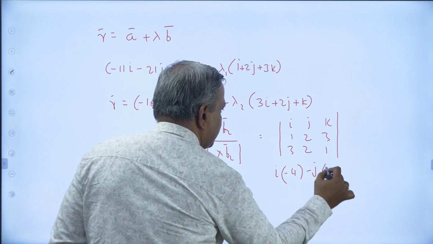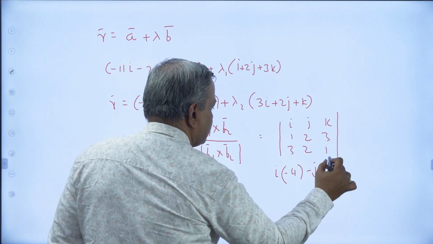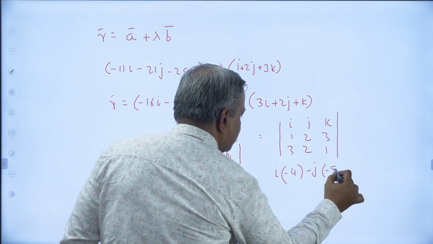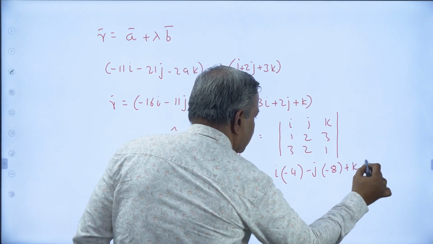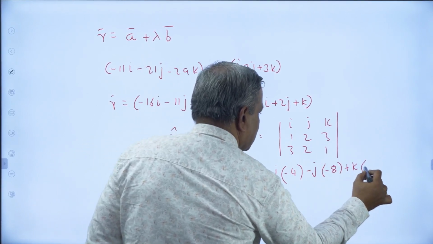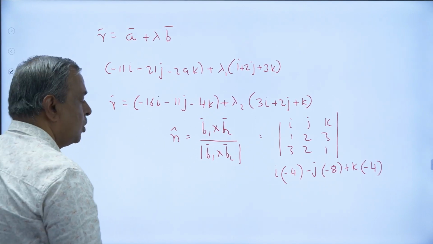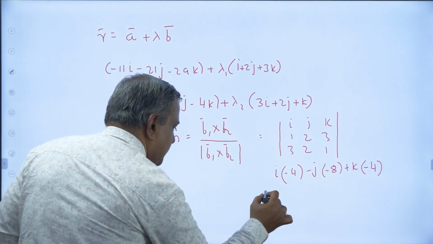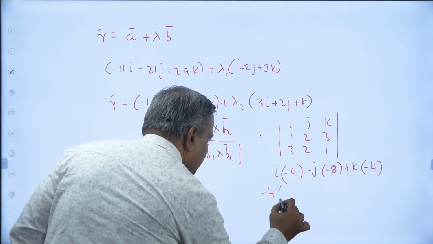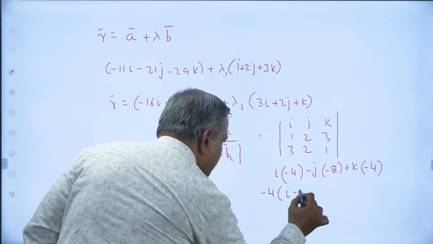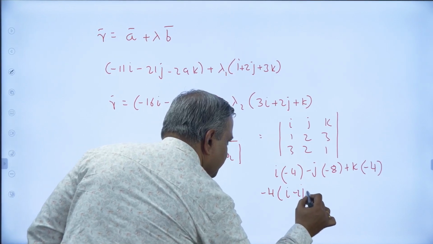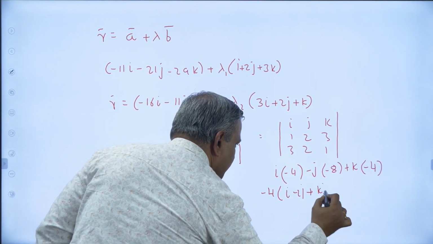Next minus j, 1 minus 9 will give you minus 8. And k will give you 2 minus 6, which is minus 4. Correct? So if we take minus 4 out, we get i minus 2j plus k.